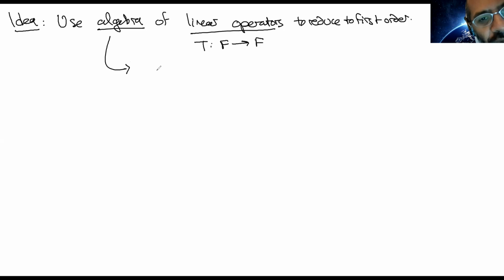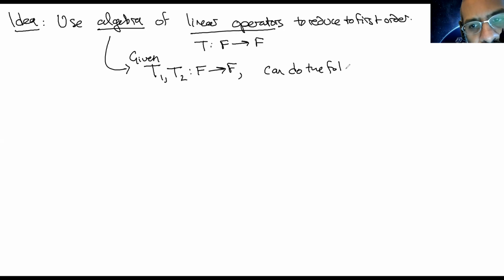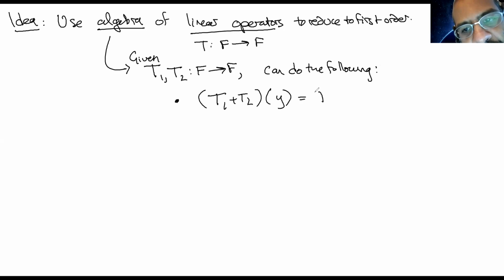By algebra, I mean that if you have two linear operators, given two of these things, you can add them, you can scale or multiply them. Well, you can add them. So what does that mean? Literally, it means it's the linear transformation that just adds the two outcomes.